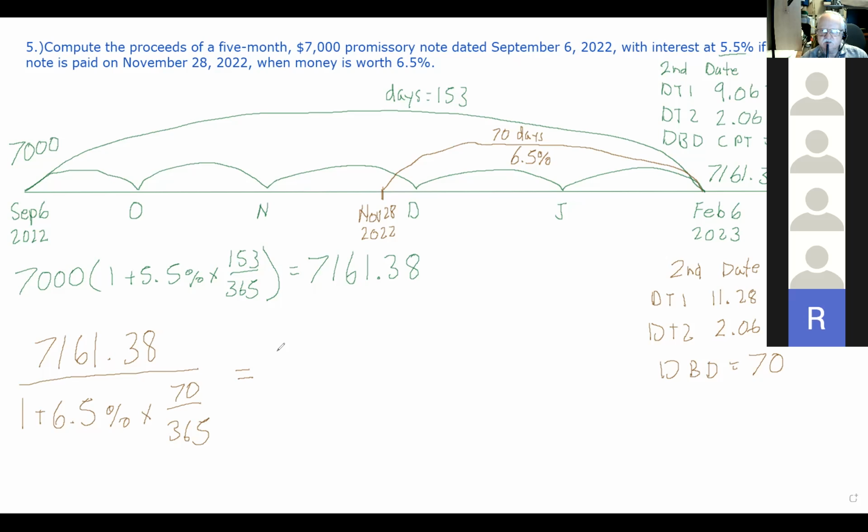It's got to be less than 7161. So now I've got 7066 and 7073.